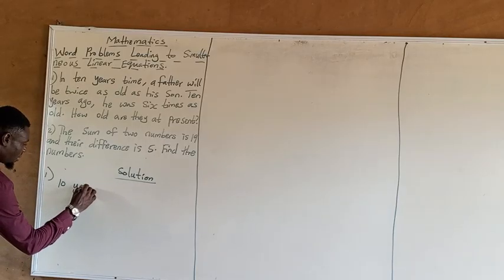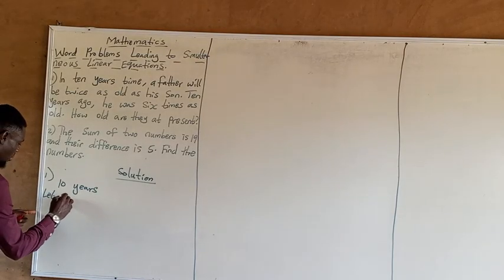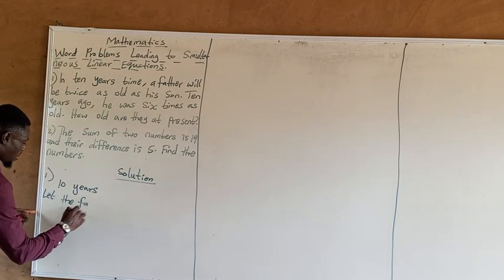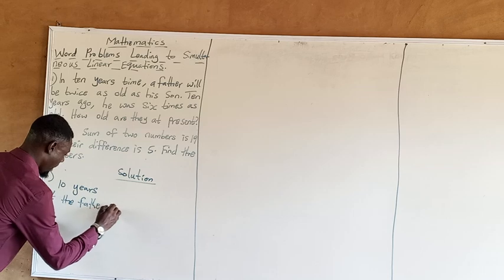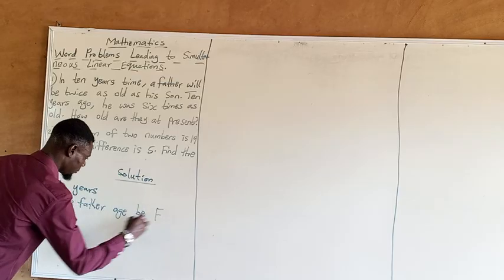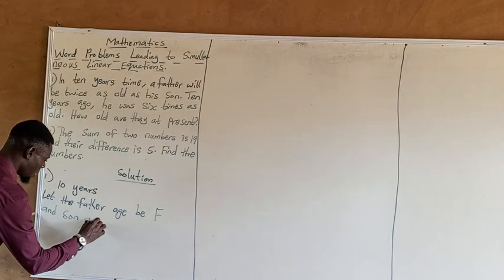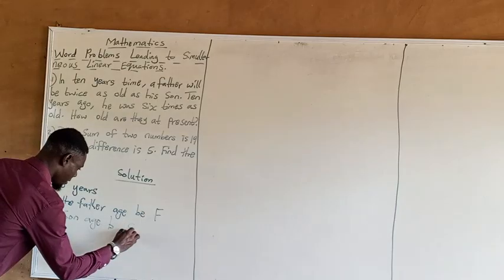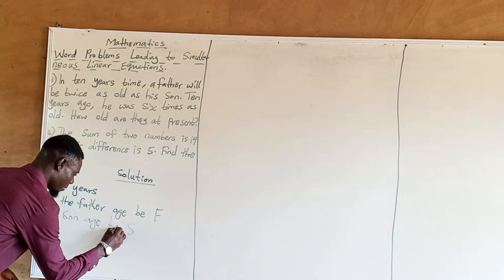10 years. You say, let the father age be F and son age be S. Let the father age be F and son age be S. Okay?